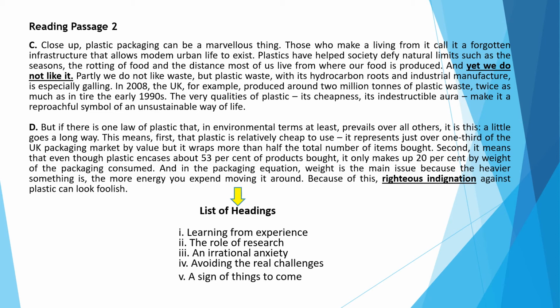If we take a look at the second and the third line, plastics have helped society defy natural limits such as the seasons, the rotting of food, and the distance most of us live from where our food is produced, and yet we do not like it. So this is a kind of a feeling, and the answer to this question is the third one, which is an irrational anxiety, because this is what people feel about it.